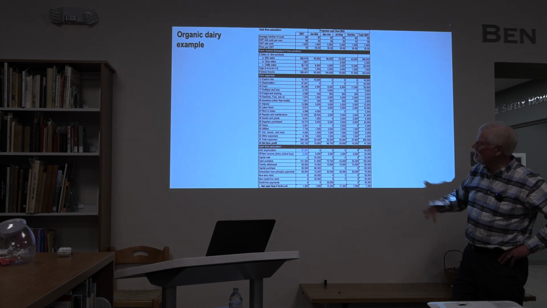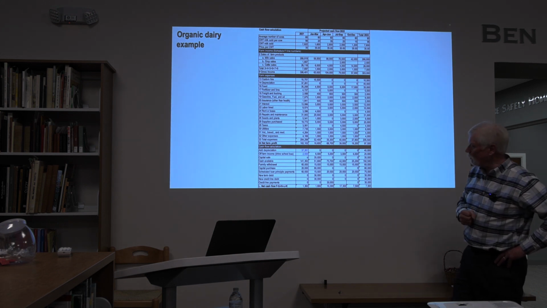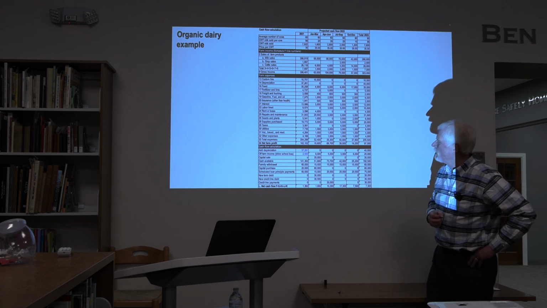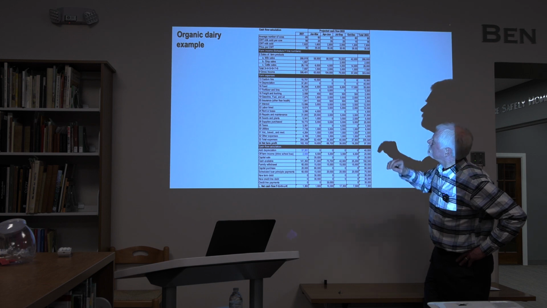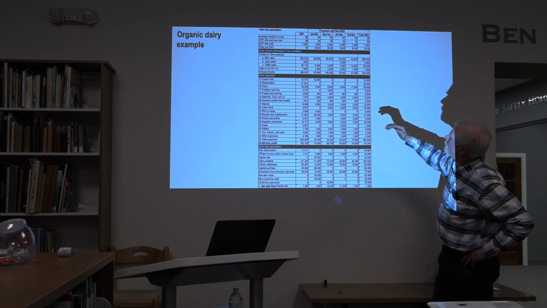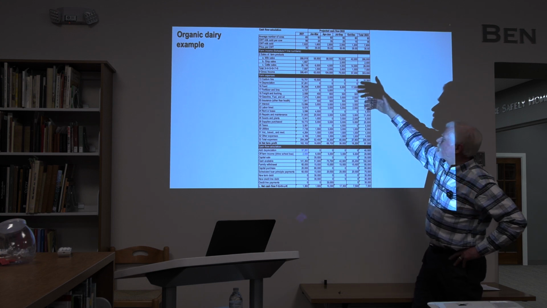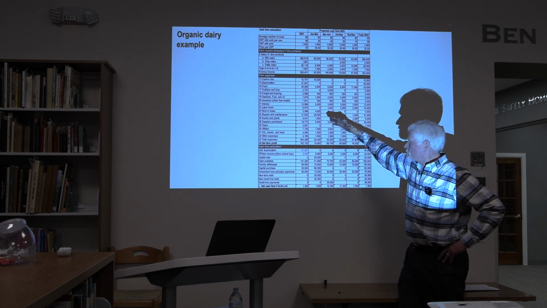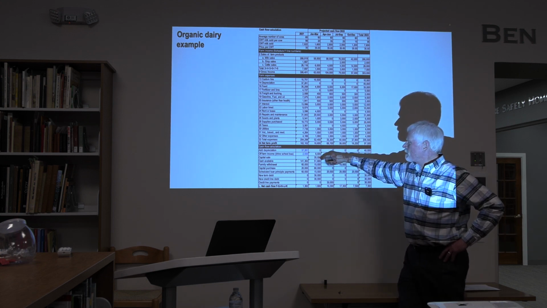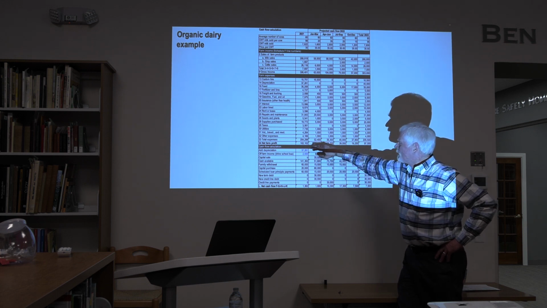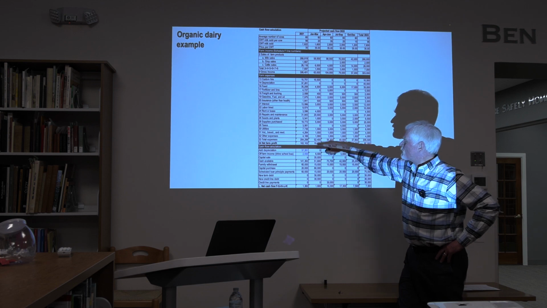All right? And then what's going to happen is we're going to get down here, and we come down here, and here's going to be the net farm profit for the first quarter.